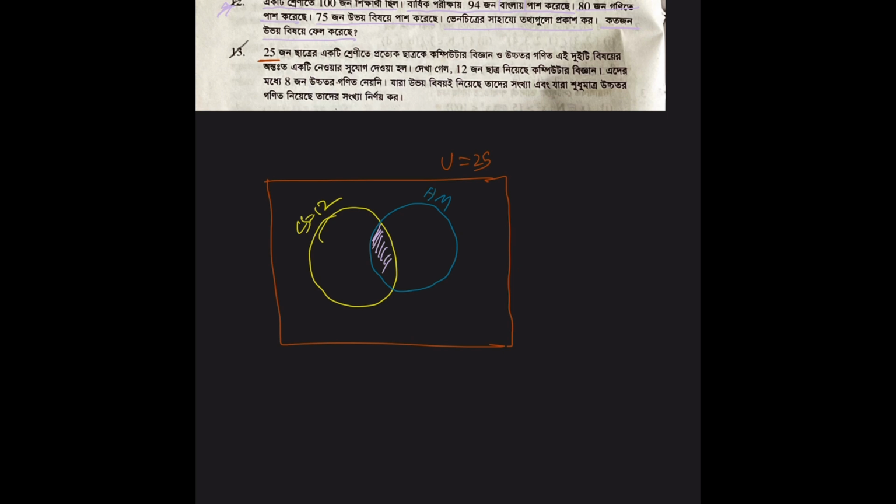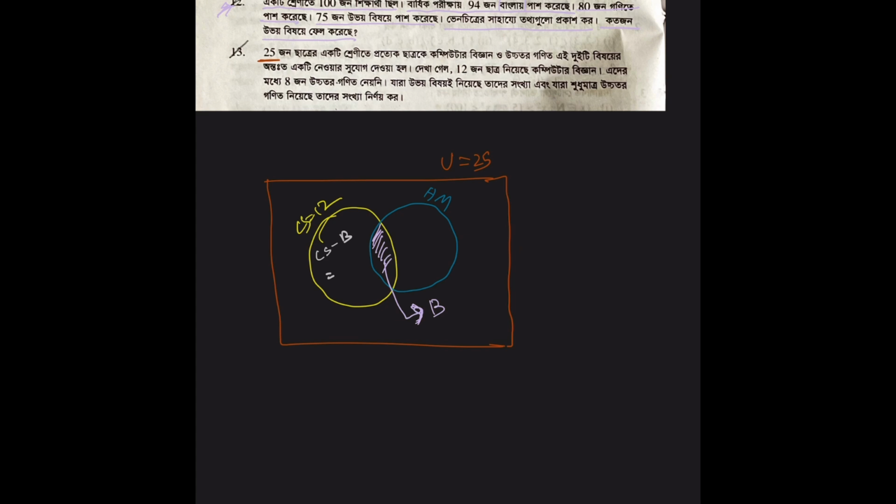So we can write this as B, which is both. What does this mean?